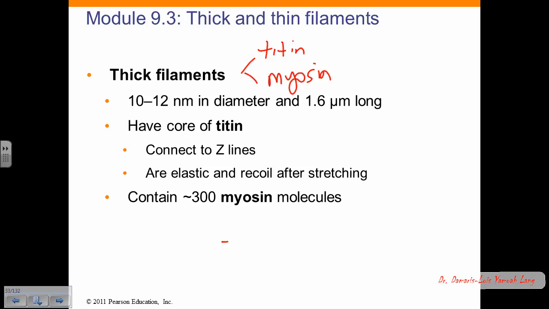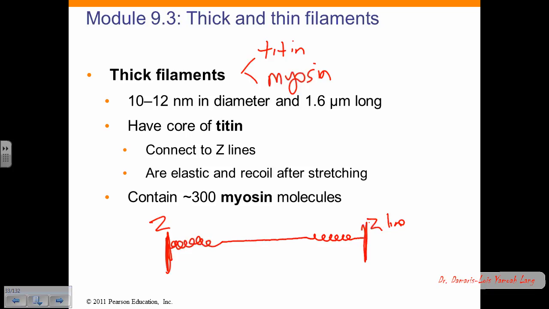So if this is the titin, at the ends it gets stretched to form these elastic coils that attach to the Z line. The titin is the core, which gets stretched and attaches to the Z line.